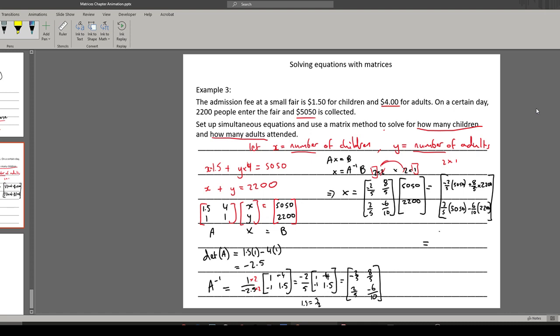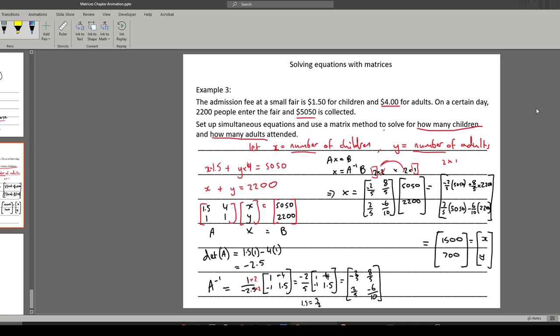Okay. And if you do that, you get 1500 and 700. That is equal to x, y.